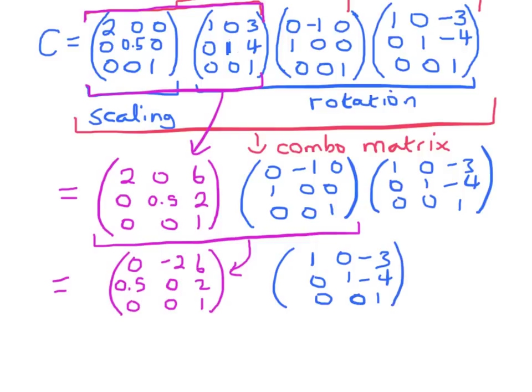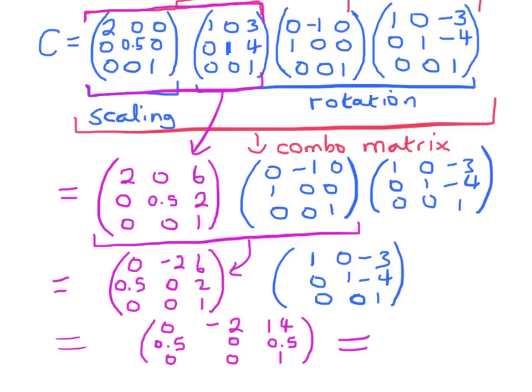Now all I have to do is perform my final multiplication. So let's write that here. The solution to the final multiplication is 0, 0.5, 0, minus 2, 0, 0, and 14, 0.5, 1.